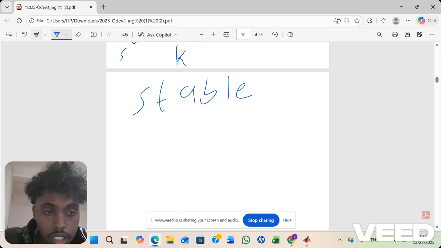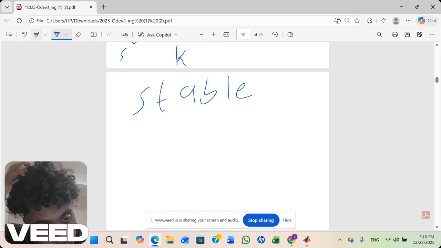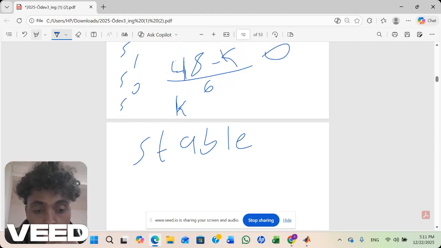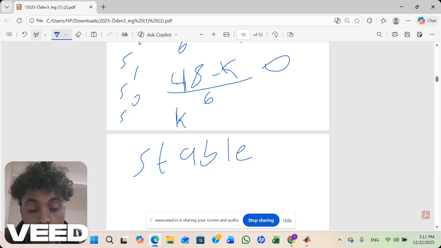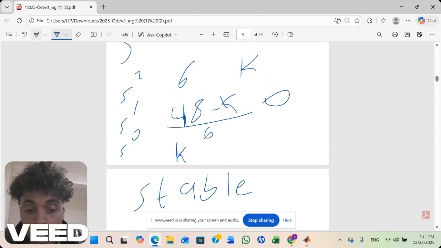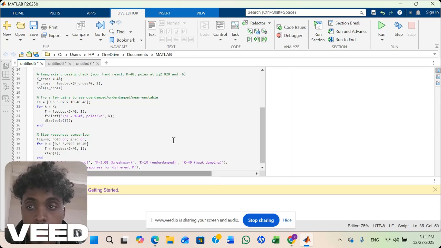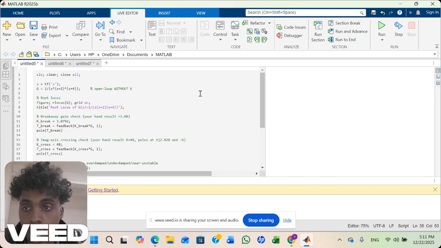Now we have to show this in MATLAB. This is the code.